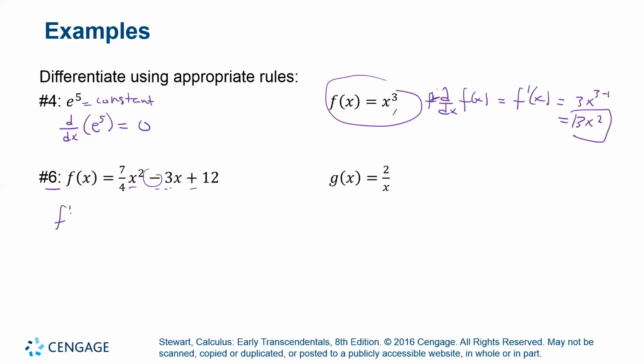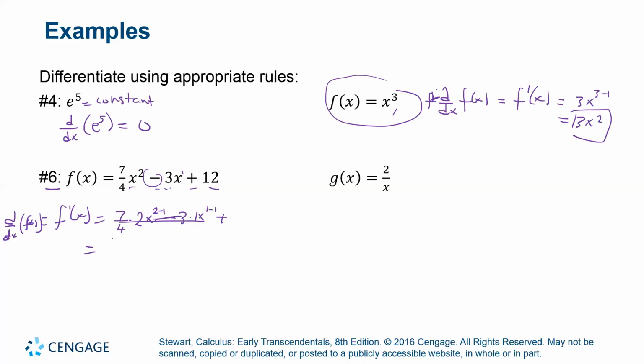And therefore, in this case, f prime of x, which is actually d/dx of f of x, is equal to, all right, you have 7 over 4, then the 2 will come in front, and x to 2 minus 1, and you have 3, the x is raised to 1, so that is 1 times x to the 1 minus 1, and then plus a constant, or let me do it this way, it's the same thing.